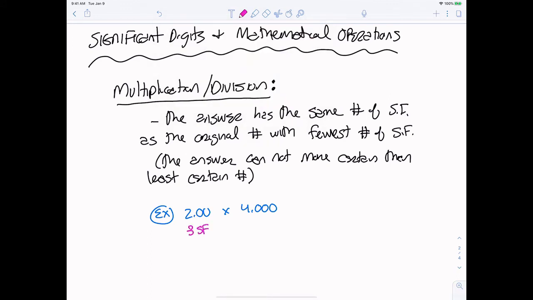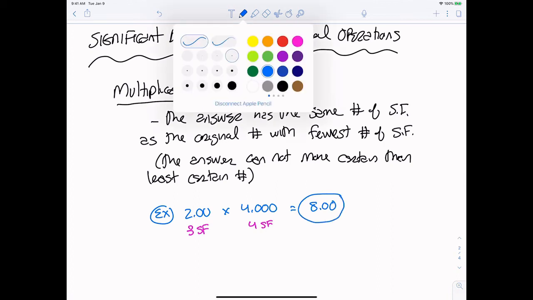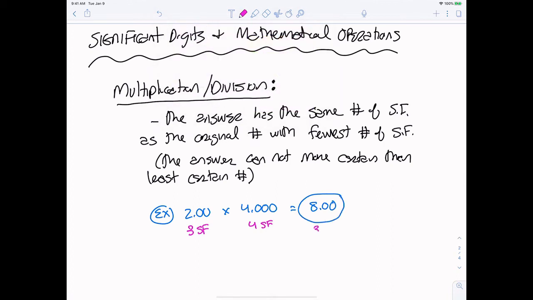Remember, those zeros count because of that decimal point. This one has 4 significant digits. So my answer, because 3 is less than 4, I want 3 significant digits in my answer. So I want this to be 8.00. I wanted to have the same number of significant digits as my original number with the fewest number of significant digits.